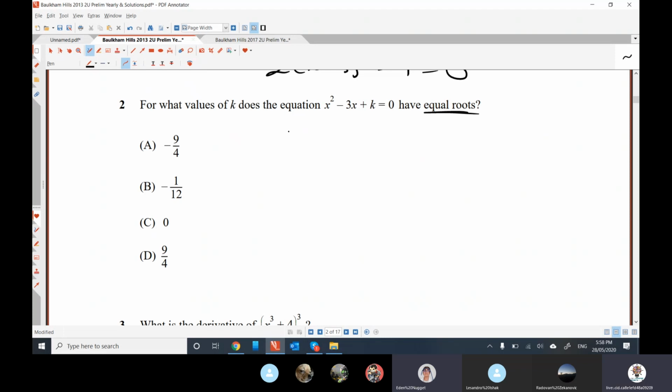Wrong. X doesn't equal 0. X has 1 root. What equals 0? Y? Nope. There's no y's. The derivative? Discriminant. The discriminant equals 0 has equal roots.